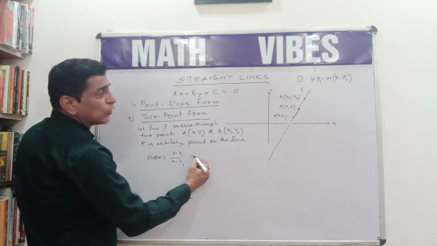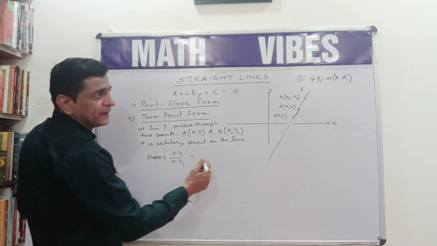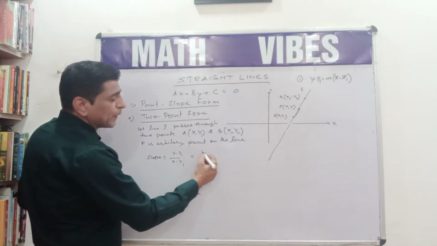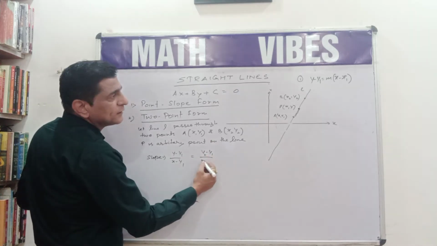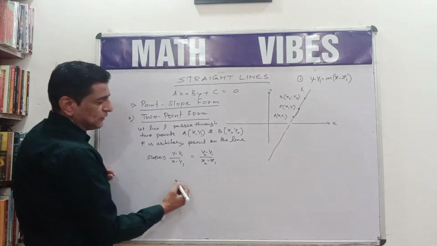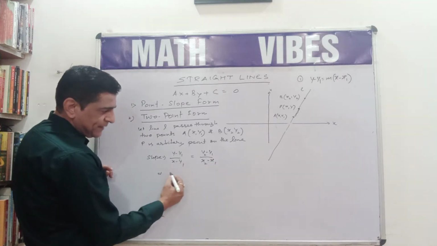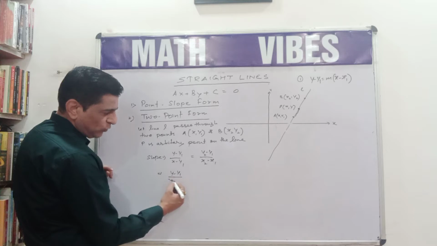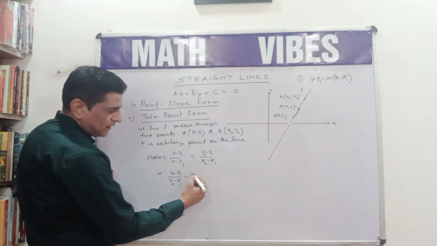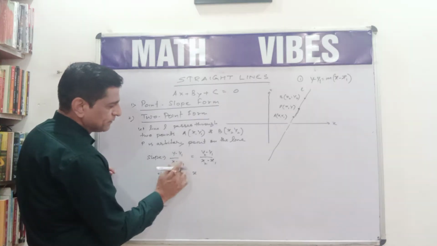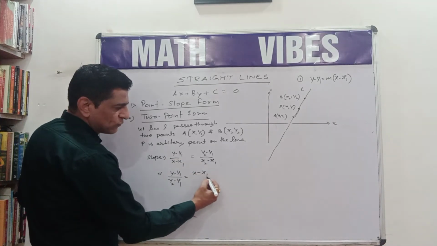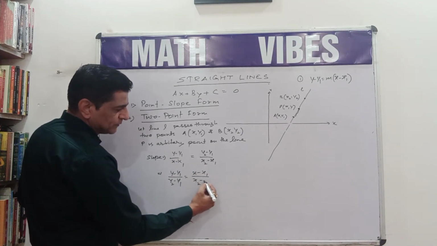And if we find the slope using the points A and B, then the slope will be (y2 minus y1) upon (x2 minus x1). So this can be rearranged as (y minus y1) = (y2 minus y1)(x minus x1) upon (x2 minus x1).